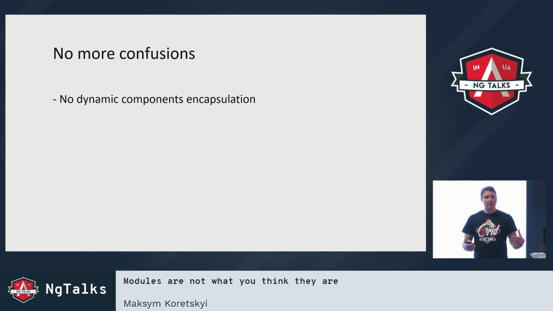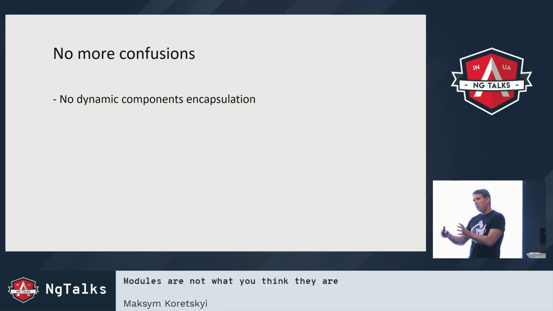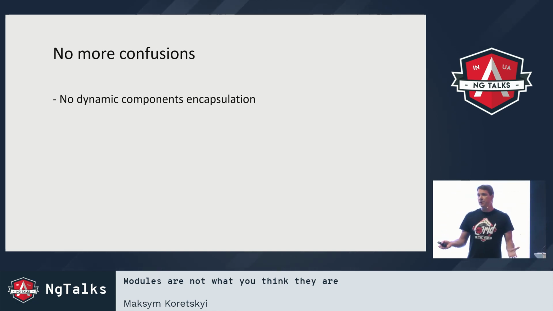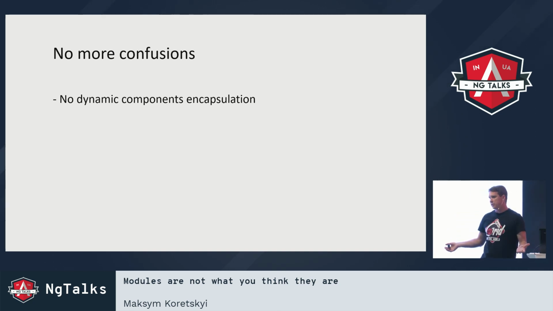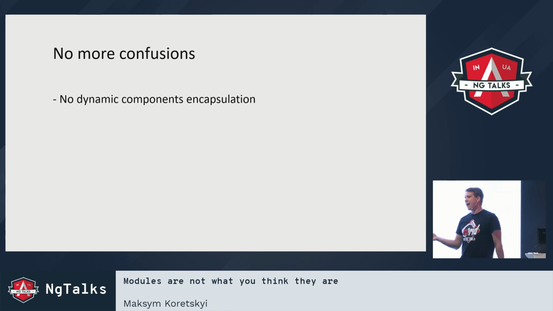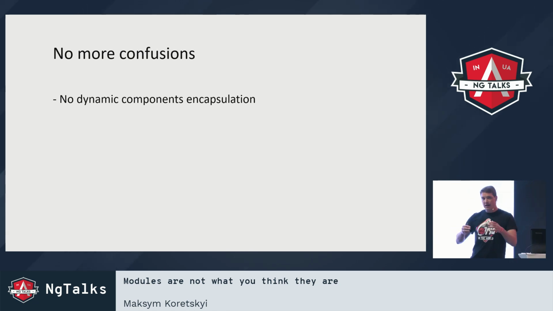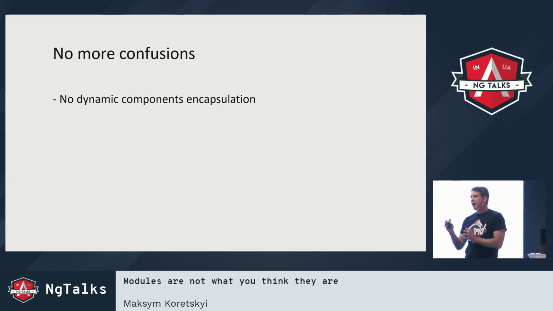We can inject any provider that we want dynamically. And so the Angular compiler, when it compiles all these modules and tries to generate a module factory, it doesn't know where and how you will be using these providers and components, right? Essentially lacks information about the usage. And so at this point, it cannot enforce encapsulation.